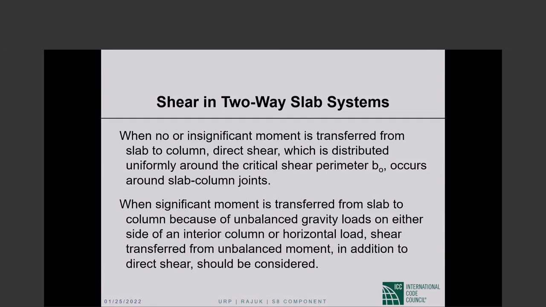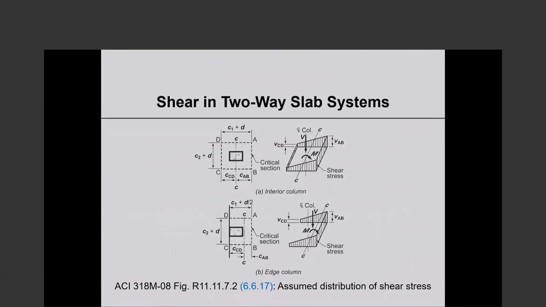When significant moment is transferred from slab to column because of unbalanced gravity loads on either side of an interior column or horizontal load, shear transferred from unbalanced moment in addition to direct shear should be considered, as we are about to do, and we actually skirted around that topic yesterday.